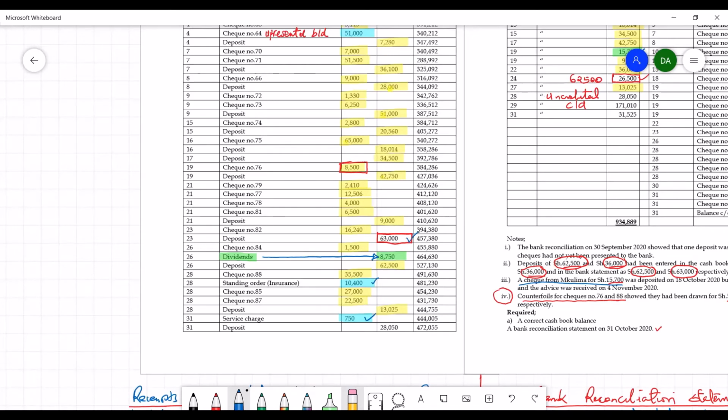We have 63,000, and this amount was an error because it was supposed to be an amount of 36,000, which was the correct amount. The correct amount was 36,000, but was recorded as 63,000. So there was an error, and the error is the difference between 63,000 and 36,000. That error is 27,000.